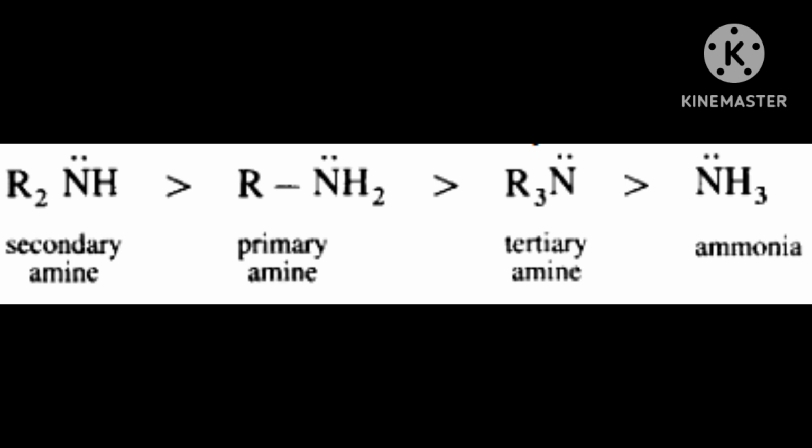So the stability of ions is: primary amine is greater than secondary, secondary is greater than tertiary. This is the decreasing order of extent of H bonding in water and of stability of ions by solvation.